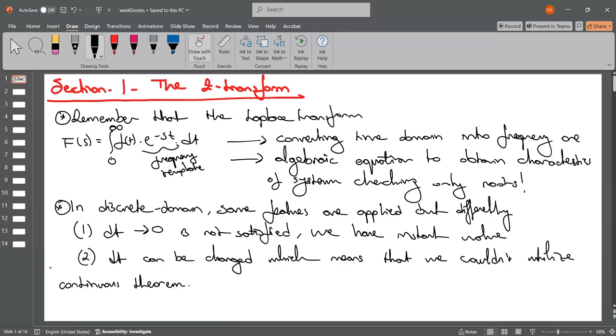Which is protected with the Pythagorean theorem. Just remember a squared plus b squared equals c squared, okay? And so this area is preserved to supply the continuous property, okay?